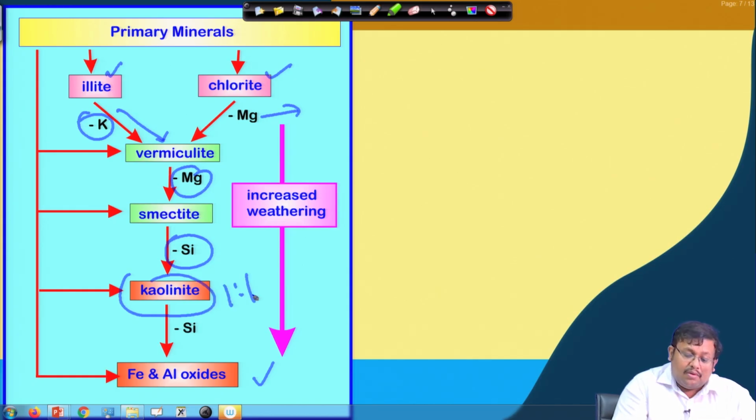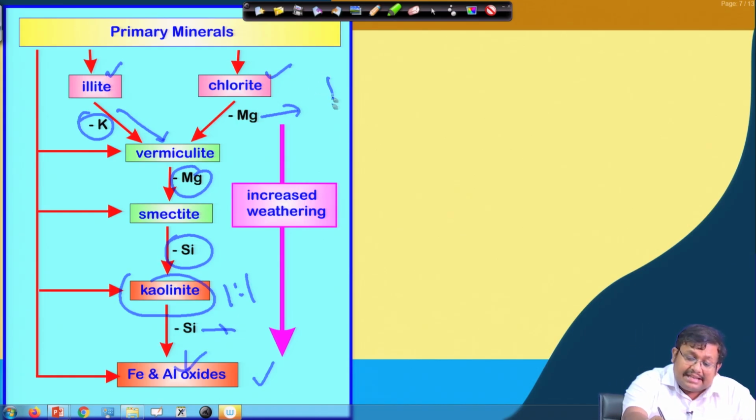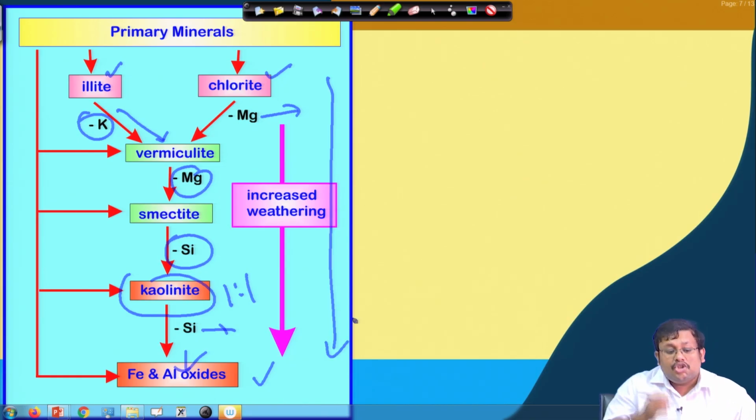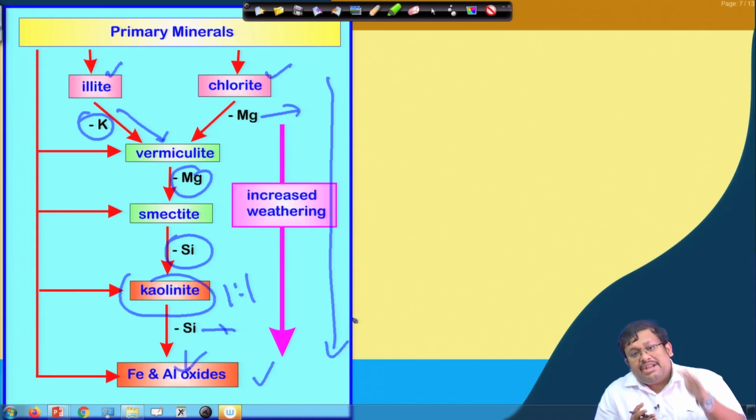And from the 1:1 kaolinite, when there is further high intensity chemical weathering, in a warm and humid climate, then there will be further loss of silica. Ultimately, it will develop into iron aluminum oxide. So, you can see that in this direction there is an increased weathering rate. Obviously, illite and chlorite will appear in the initial stage of weathering. However, kaolinite and iron or aluminum oxide will appear in the final or later stages of weathering.